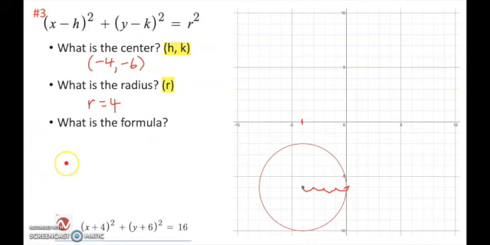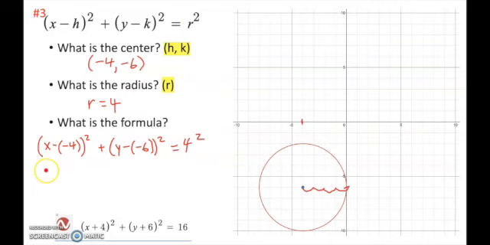Now let's plug it into our equation. X minus h squared, so our h is -4, so it's x minus -4 squared, plus y minus k squared is y minus, and our k is -6, so minus -6 squared is equal to r squared, which is 4 squared.